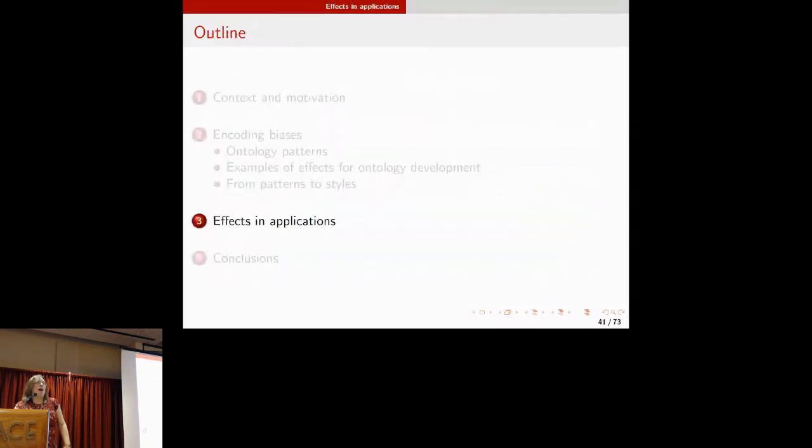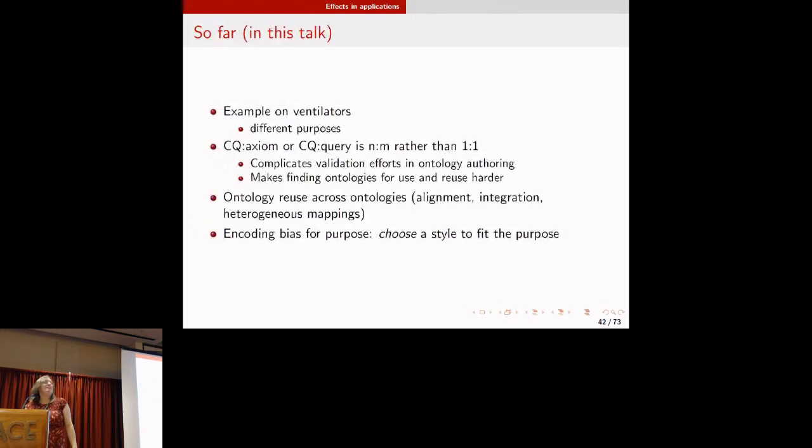And then you could say, well, look, we have all of this theoretical stuff. Does it actually matter in practice? And the answer is this. We have seen an example on the ventilator there as well with the different purposes at the start so far. We have seen this aspect from the competency question to axiom, the ratio that is end-to-end rather than one-to-end.